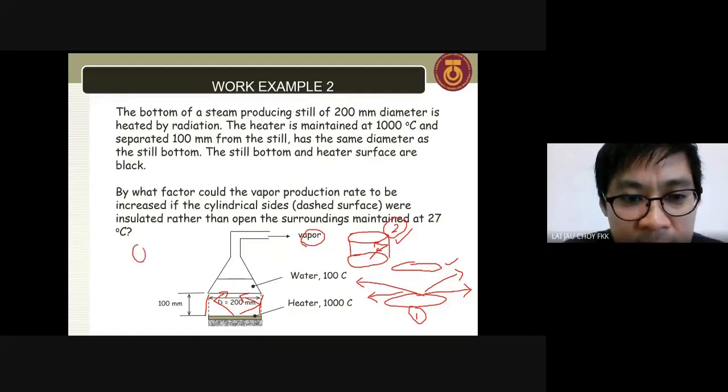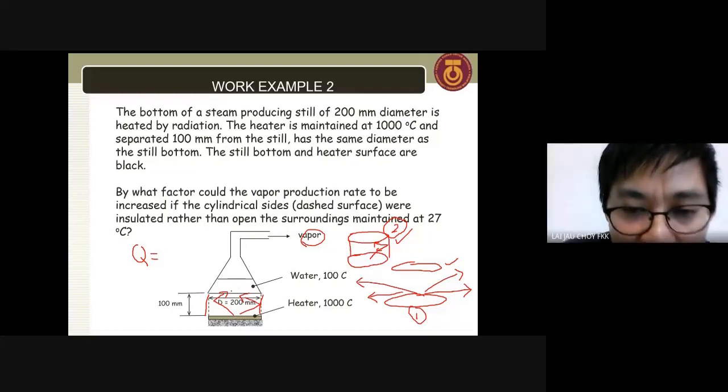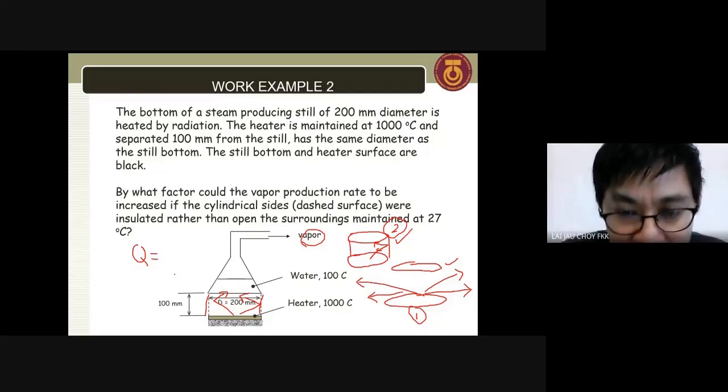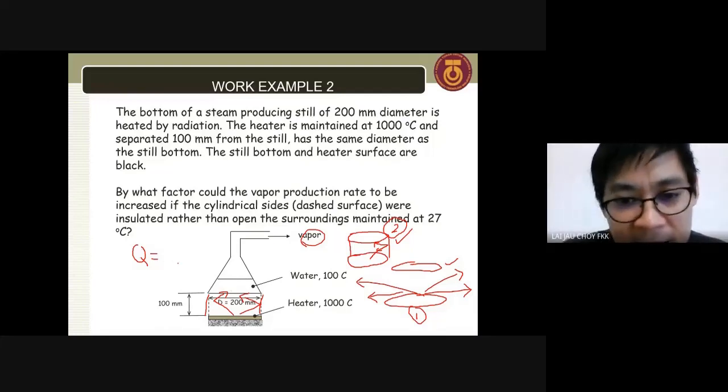We know Q that is transferred from the heater to the steel is the Q. We assume heat is only transferred from the heater to the bottom of the steel through radiation, instead of any other form.